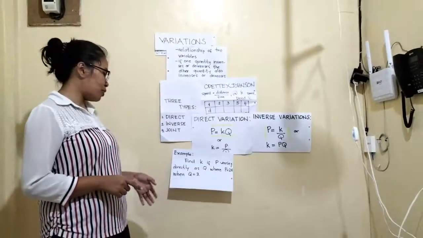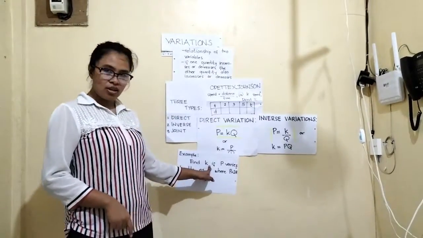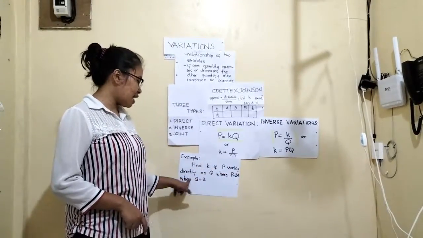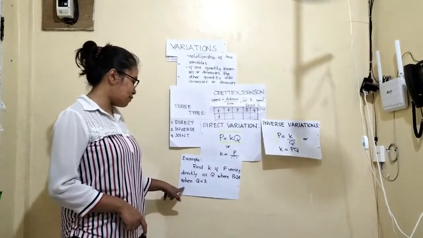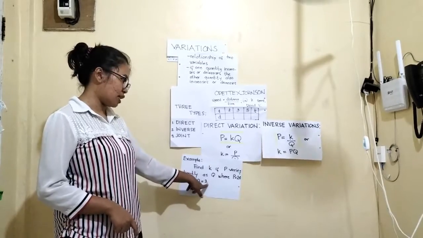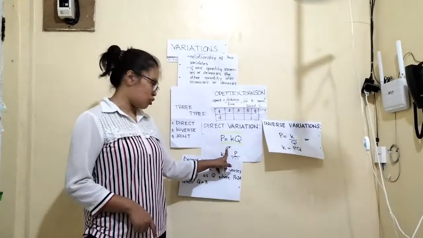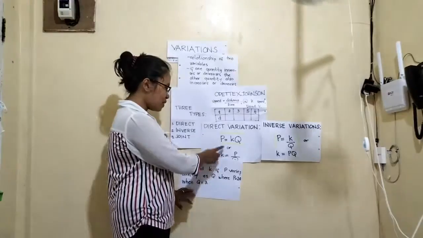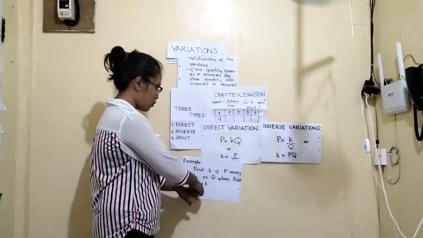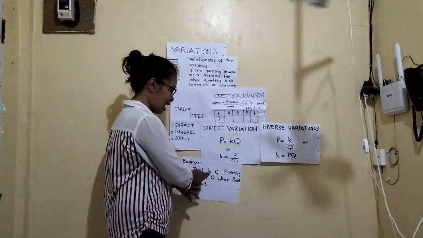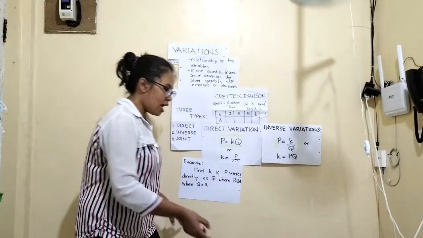So for this example, find K, constant K, if P varies directly as Q, where P is equal to 24 when Q is equal to 3. So we go back to this equation. From this equation, the given is P and Q, and we have to find K, which is the constant.